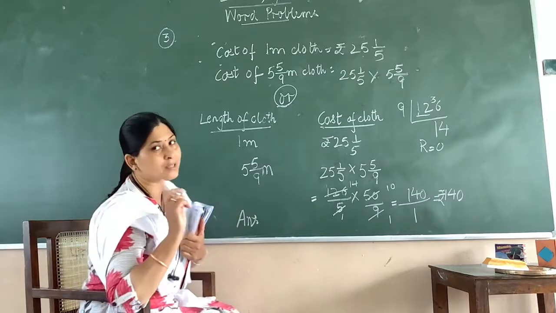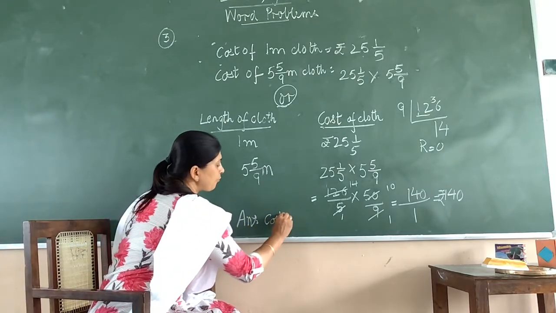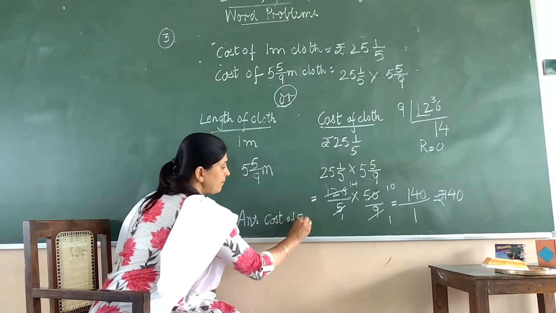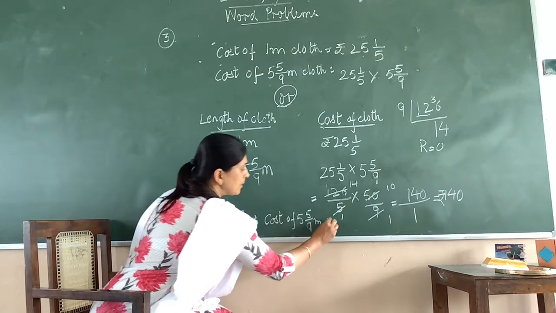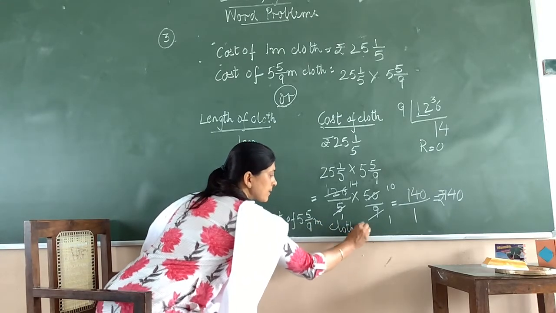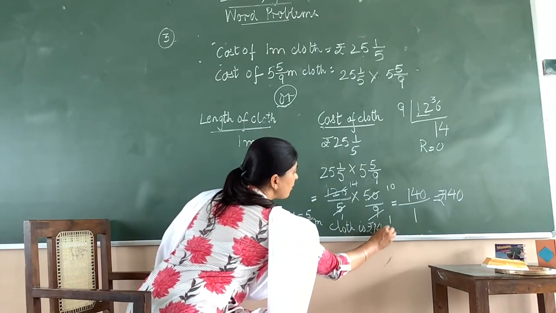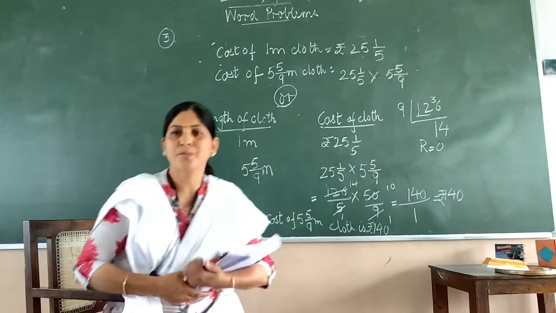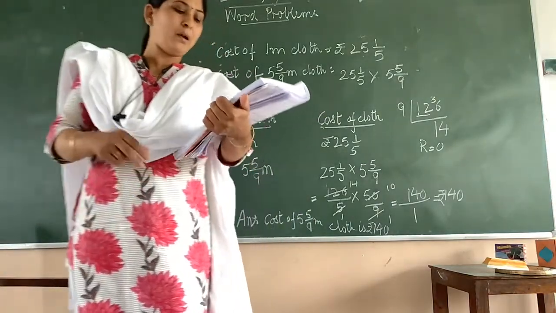I am sitting because I can't bend. So we will write: cost of 5 and 5 over 9 meter cloth is rupees 140. So you see children how easy it is to do these word problems.